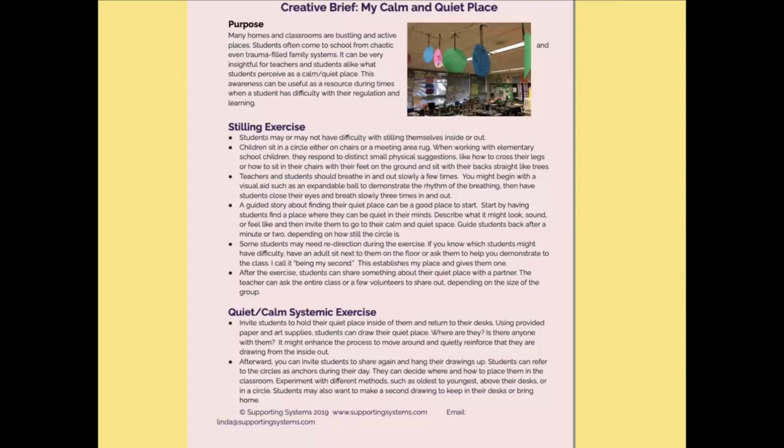So I had children all sit in the circle and cross their legs. Then we did a breathing exercise, then a little guided imagery. And then I have some hints about how to manage kids that have some difficulty with sitting, with crossing their legs, with breathing. Usually the issues come with students that want to take over the situation. They want to have control, and what you do with that.